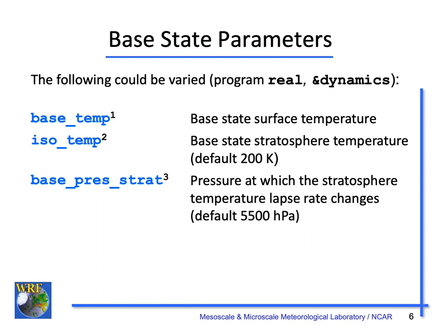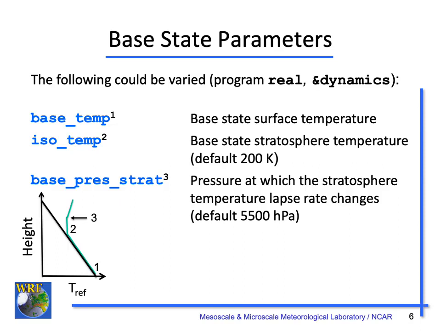The base state can be defined using temperature at the sea level. If we only use the single variable to define the base state with an assumed lapse rate, the base state temperature can become very cold at higher model levels, as shown by the straight black line in the sketch here. Hence, we introduce two other parameters. One of these is the temperature of the isothermal layer, which happens in the lower stratosphere.